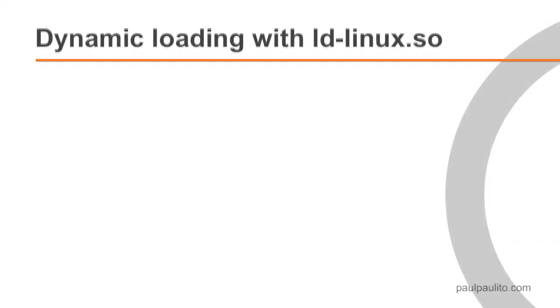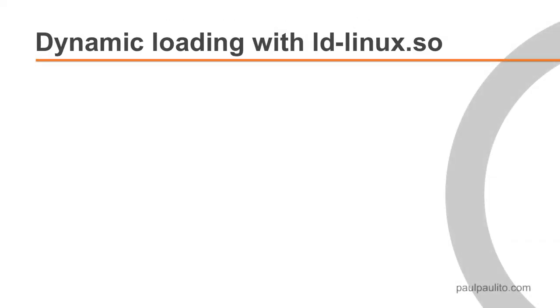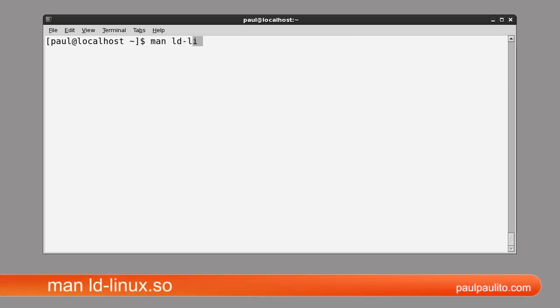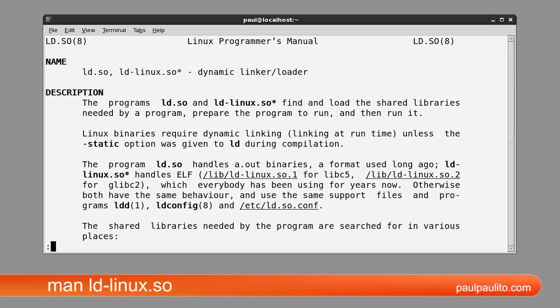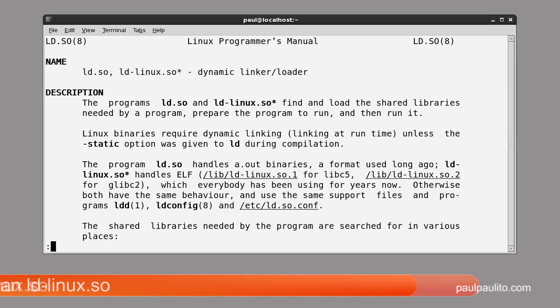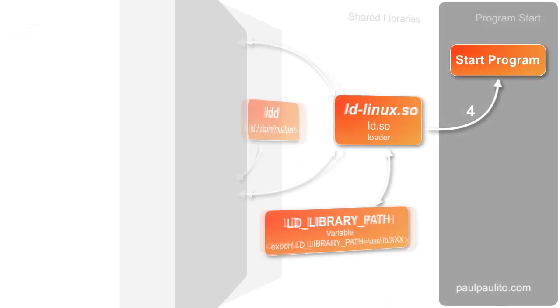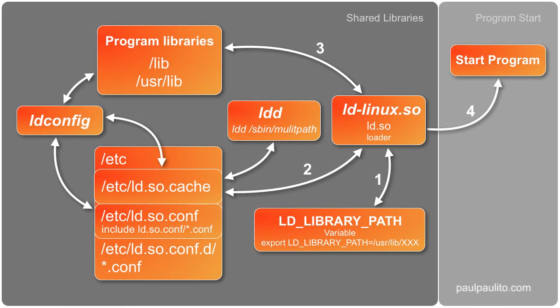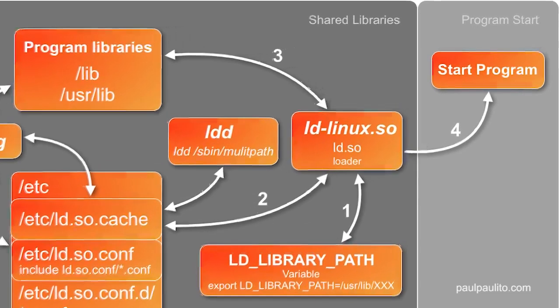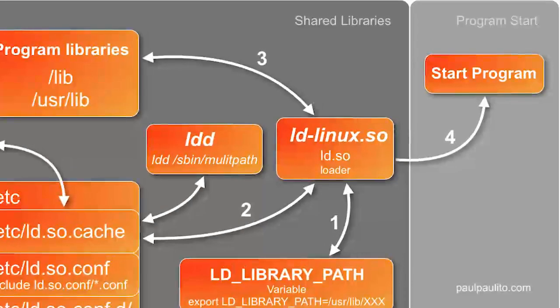Dynamic loading with ld-linux.so. As already mentioned, the .so files are generally shared object or dynamic libraries, but the file ld-linux.so is actually an executable in its own right. ld-linux.so is the code that is responsible for dynamically loading. ld-linux.so reads the header information from the executable, which is in the executable and linking format, or ELF format.